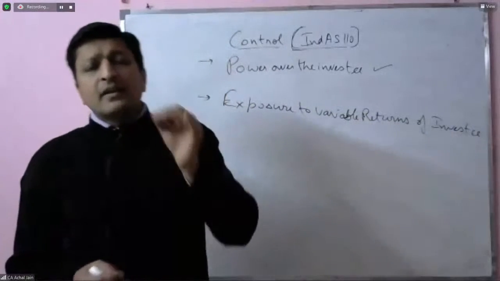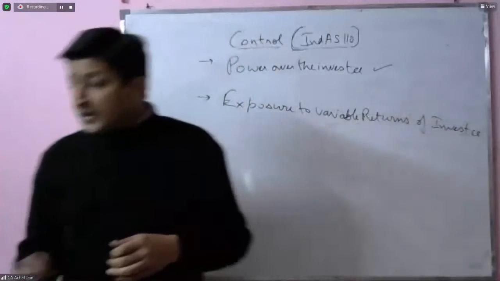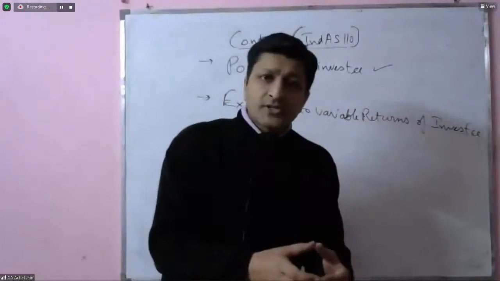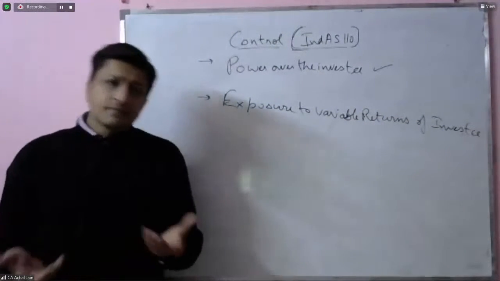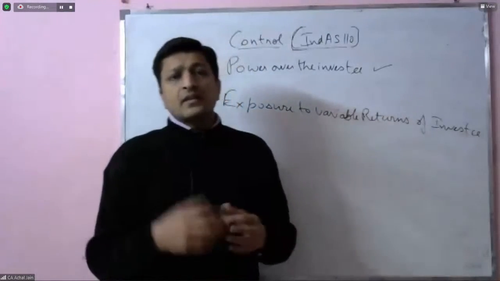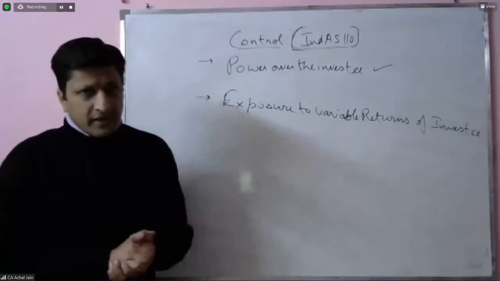If A Limited acquires 90% shares, whenever C Limited earns profits, 90% will belong to A Limited, correct? If C Limited makes losses, then its 90% share belongs to A Limited, correct?